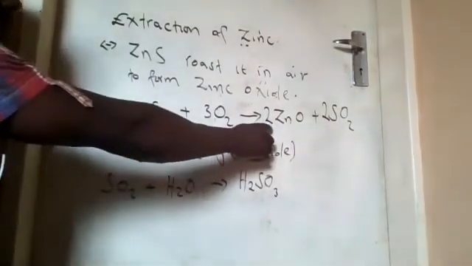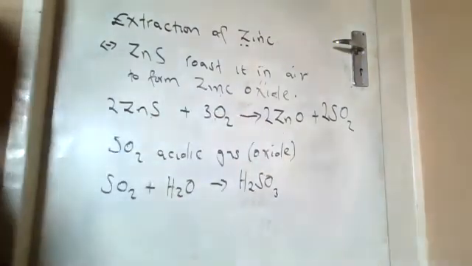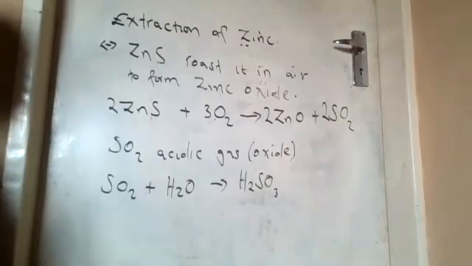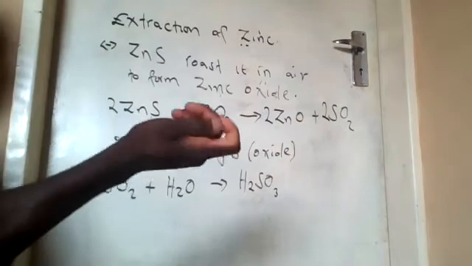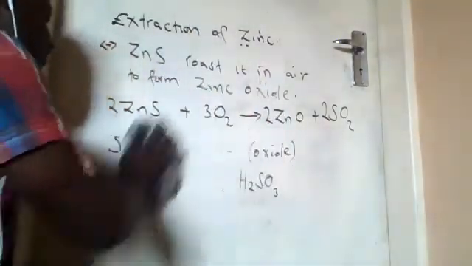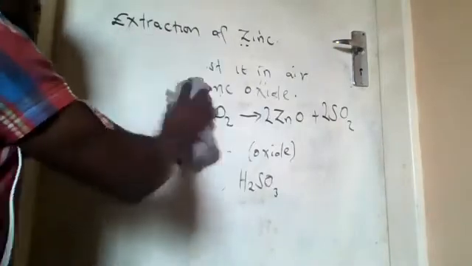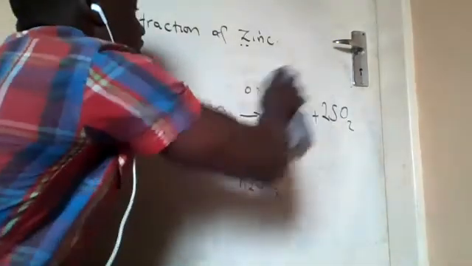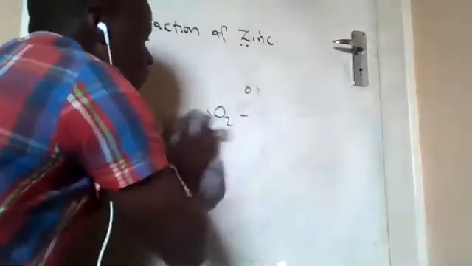So having obtained the zinc oxide here, there will now be need for this zinc oxide to be reduced to zinc. The zinc oxide has to react with carbon monoxide, so that the zinc oxide gets reduced to a pure form of zinc.